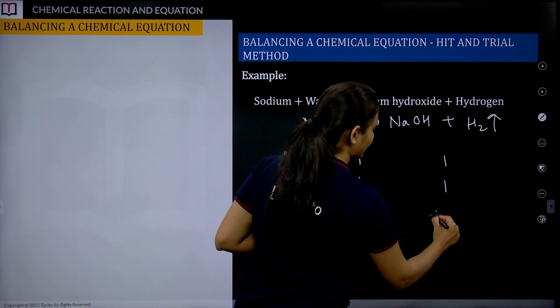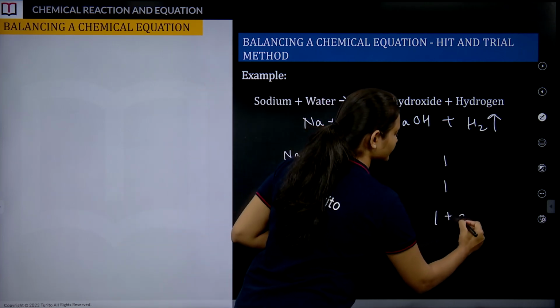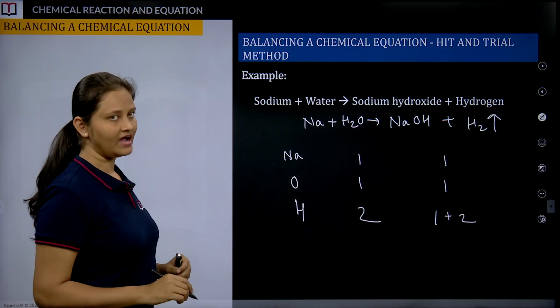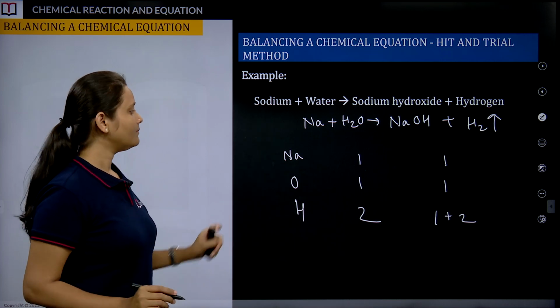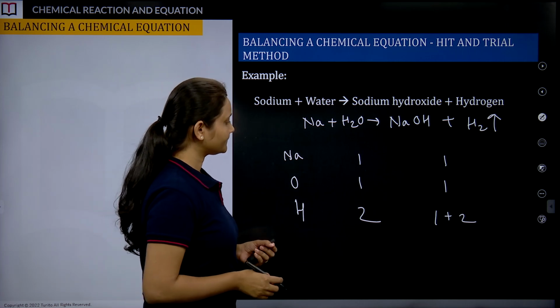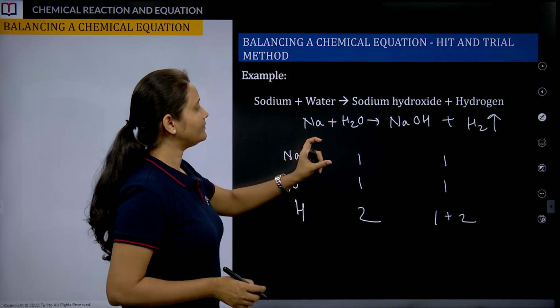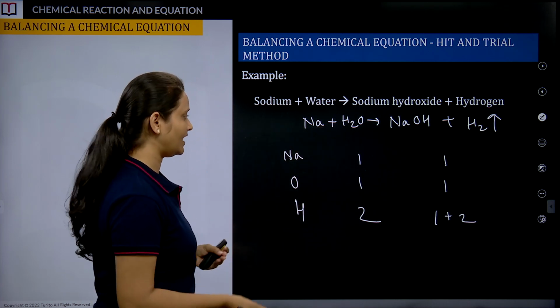Here we are having hydrogen, 1 from the hydroxide group, and there are 2 hydrogen in H2, right? Hydrogen atoms, 1 plus 2. That means 3 hydrogen are there, and it is imbalanced in case of hydrogen atoms only, because sodium and oxygen are balanced. What can get done? Okay, we will have to add a suitable or appropriate coefficient so that the whole equation will get balanced.